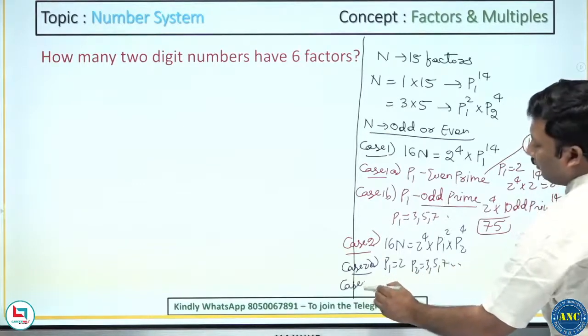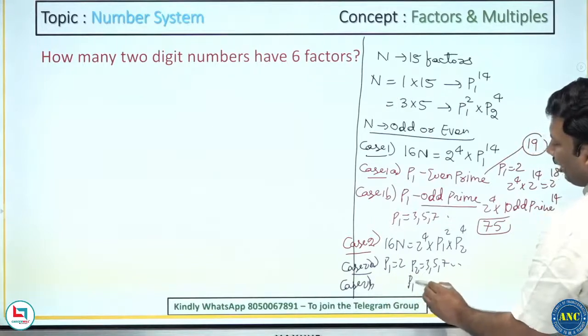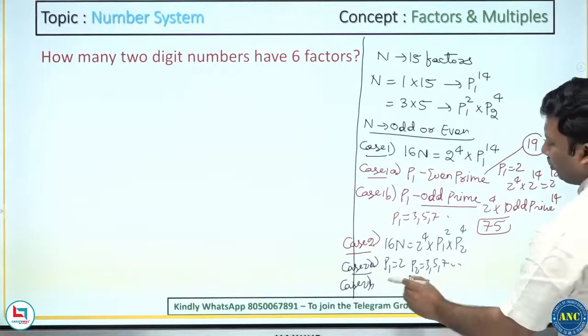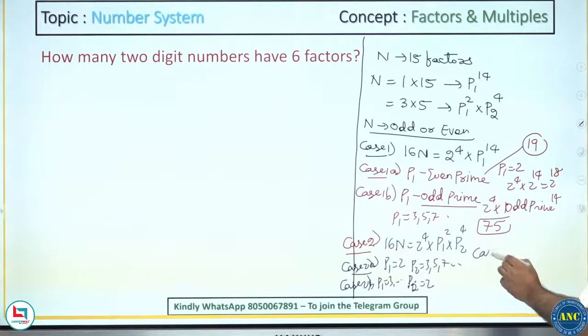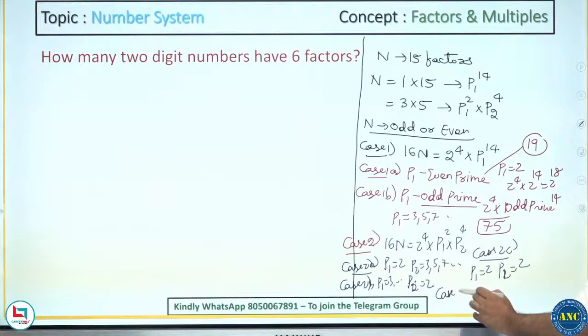Case 2b. p2 equivalent to 2, p1 can be 3, 5, 7 and so on. Case 2c. p1 can be 2, p2 can be 2. Are you all with me? Case 2d. p1 can be an odd prime and p2 can also be an odd prime.